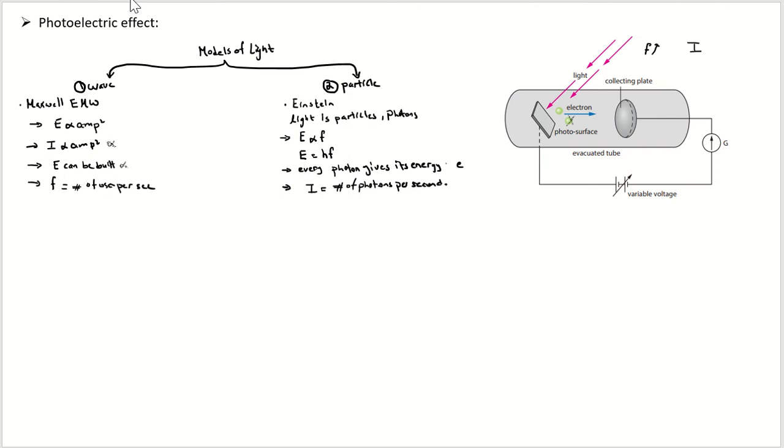So this means that according to this experiment, light is considered as a particle. Okay, so you can tell this because, number one, not all frequencies will knock off an electron from the metallic surface.